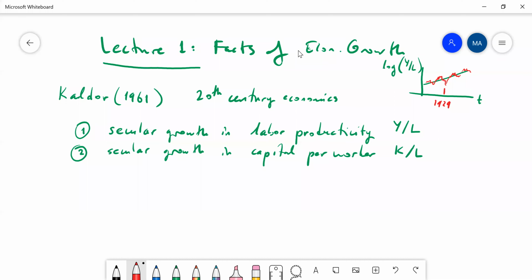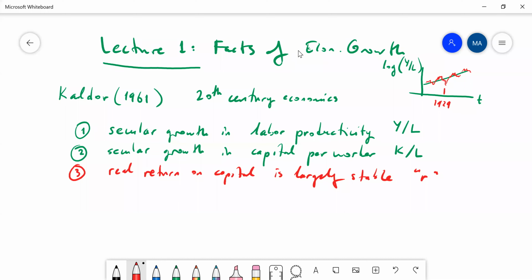Now the third fact is this: real return on capital is largely stable. When I say real return on capital, I basically mean that if you save in an economy, then that saving will realize a return, some capital income.